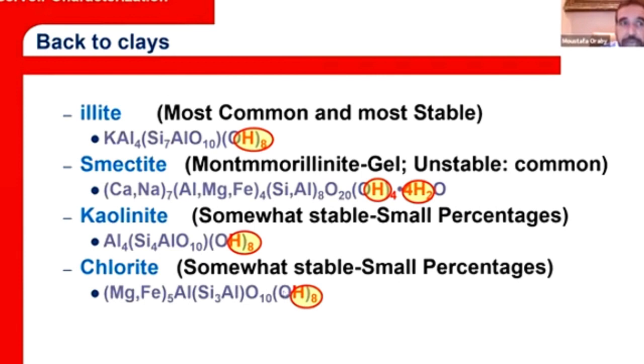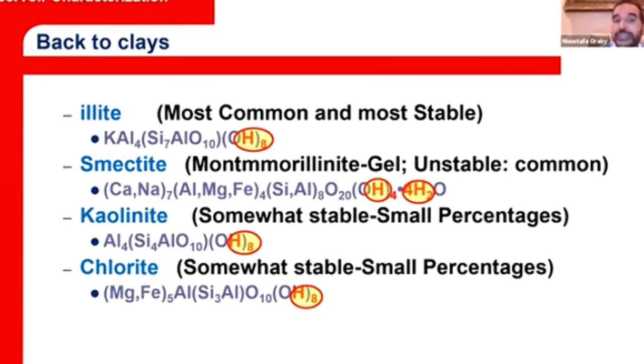All the clays have hydrogen from the water of the clay. Here is 8 atoms of hydrogen, here is 4 plus 8, 12 atoms of hydrogen, here is 8 atoms. So there is too much hydrogen, and when you have too much hydrogen, you have very high porosity.